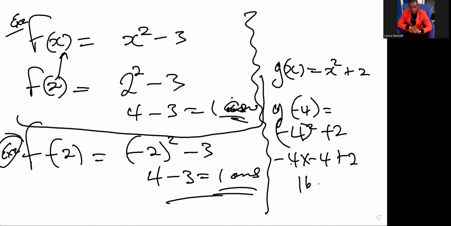I just said it, yet a person still put a negative there. So it's actually positive 16 plus 2. We have to be very careful with signs, guys. Look at it carefully, alright?